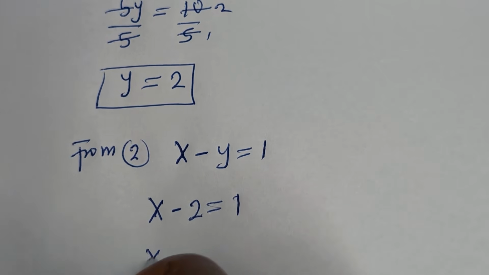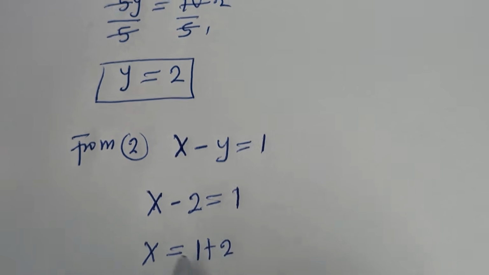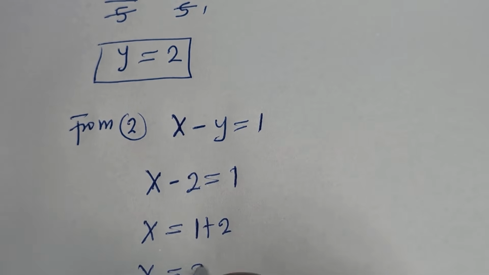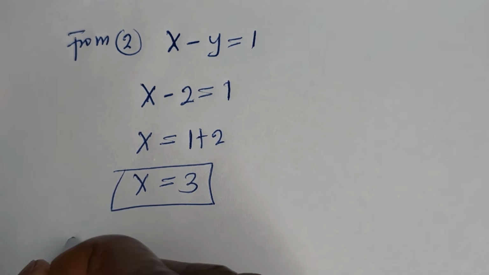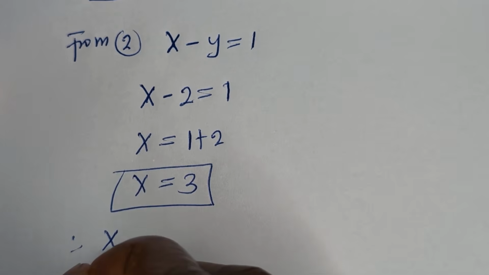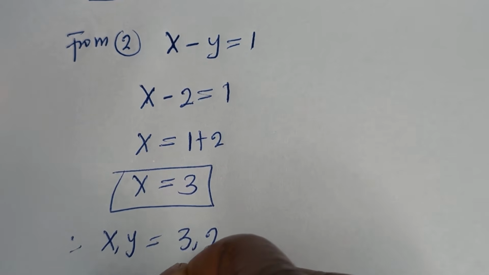Then x is equal to 1 plus 2. x is equal to 3. This is the value of x. Therefore, our final answer is x comma y is equal to 3 comma 2.